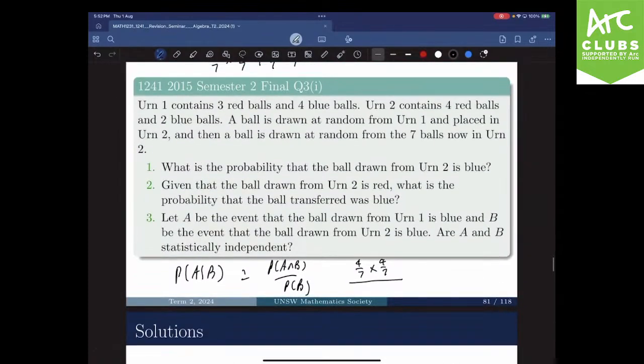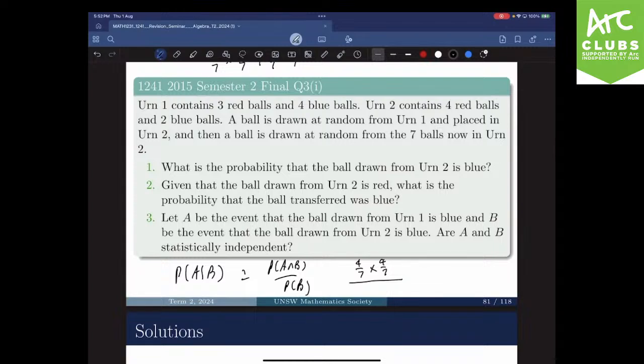Yeah, question 3 here is asking us whether these events are statistically independent. A is the event that the ball drawn from urn 1 is blue, and B is the event that the ball drawn from urn 2 is blue.